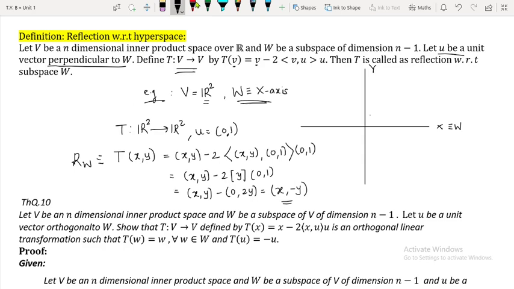If you are having some sort of a curve like this, okay, and this is your x-axis, this one, right? So what will be the reflection of this curve along x-axis? The reflection is going to be somewhat like this.